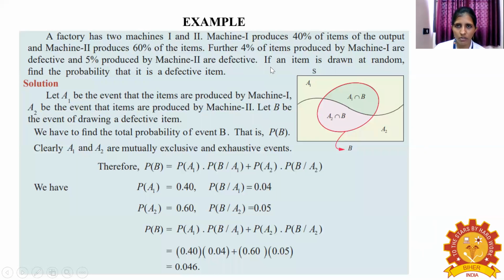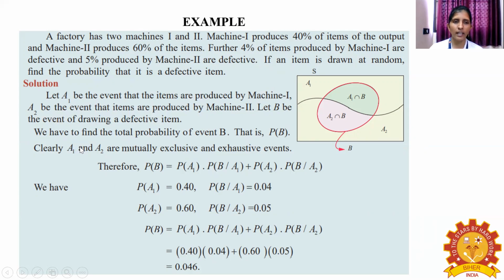If an item is drawn at random, find the probability that it is a defective item. So we say A1 to be the event that the items are produced by machine 1, and A2 to be the event that the items are produced by machine 2, and let B be the event of drawing a defective item. So we have to find the total probability of event B.